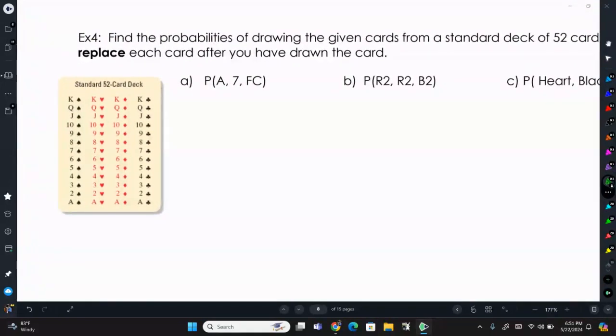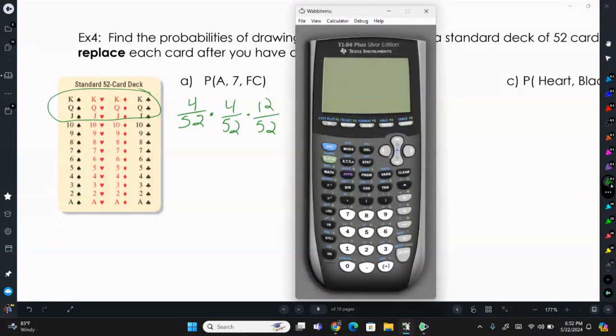So the probability of an ace, then a 7, then a face card. The probability of an ace is 4 out of 52 times the probability of a 7, which is also 4 out of 52. And the probability of a face card, well, we have 12 face cards. So we can multiply those fractions, and let me show you how we can multiply fractions in the calculator.